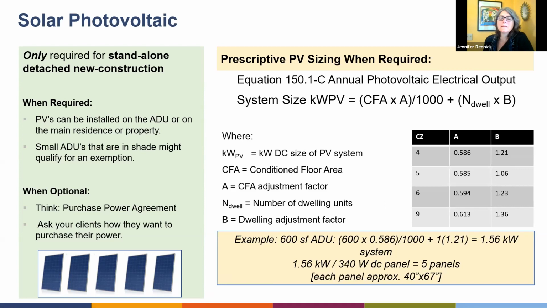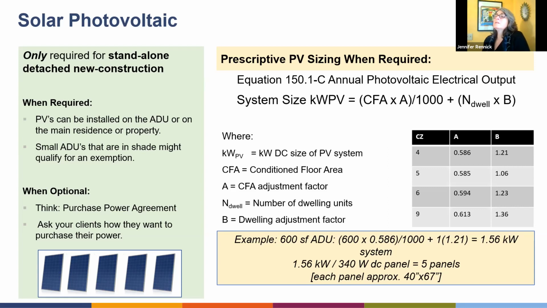So if you had a 600 square foot new ADU for climate zone 4 up in Atascadero, where I am, that would end up equaling about 5 panels of the 340 watt, DC size variety. And in this case, each panel is approximately 40 inches by 67 inches. So you're looking for space for 5 of them. So it's not a lot, but think about it when you're designing the roofs, because if it's standalone new construction, you will need to comply with this part of the code.